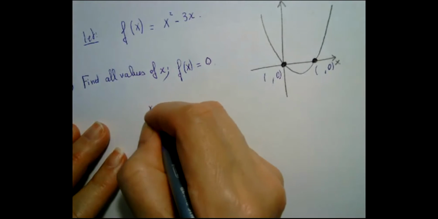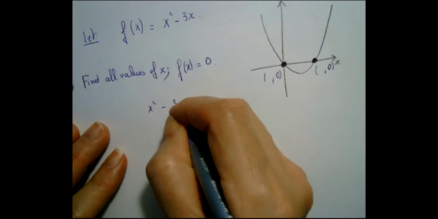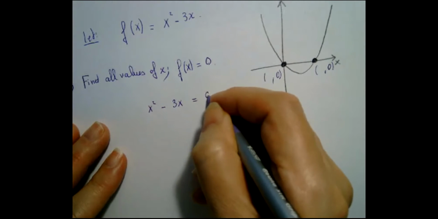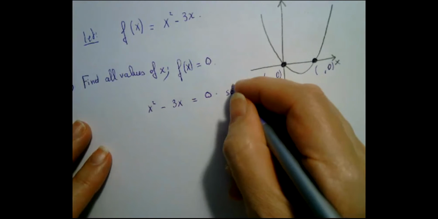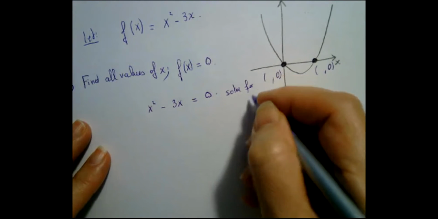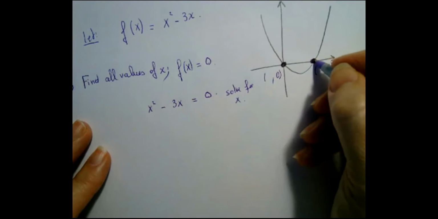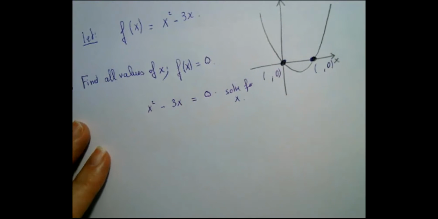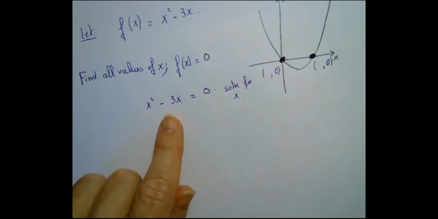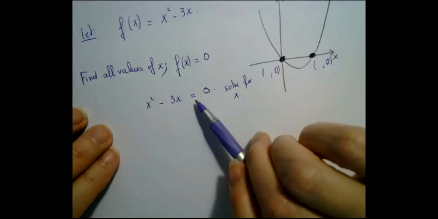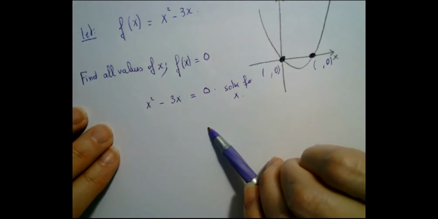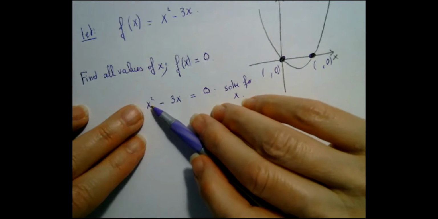I'm going to set this equation equal to 0 and solve for x. Here, I'm looking for those points. This is really what I am asking for. Now, how do I solve this equation? This side has only 0, and now we have x squared.